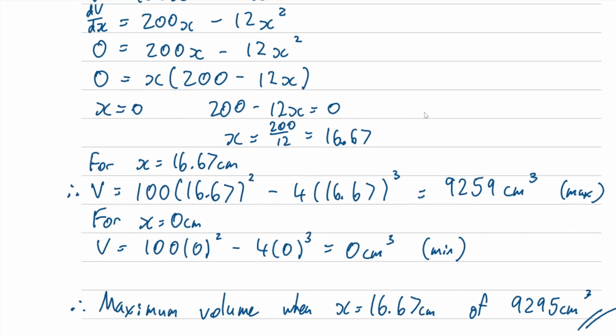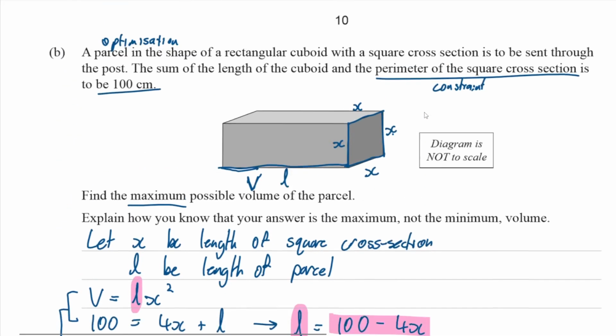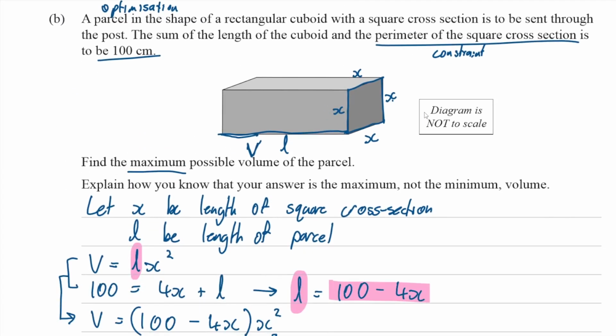Alright, so let's go over these steps one more time, just briefly. So firstly, we were greeted with a parcel, and it's an optimization problem because we were looking for the maximum volume. So we had to introduce some parameters, x and L, to find an equation for volume.